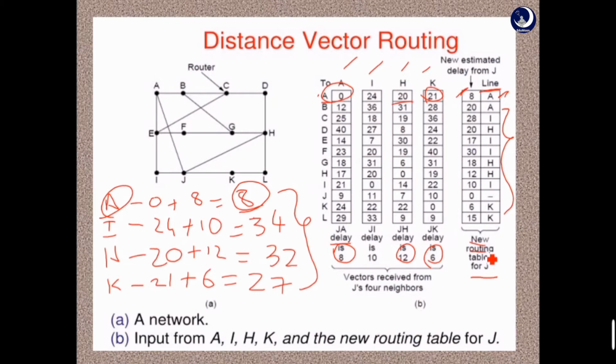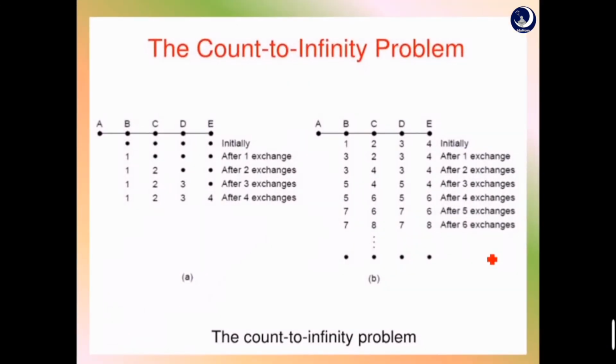But the main problem here is the count to infinity problem. Now let's see what it is. Consider this example where there are 5 routers, A, B, C, D and E, on the same straight line. If A starts communication, then B, C, D, E don't have any data. Initially A is communicating, so all other nodes don't have any data.